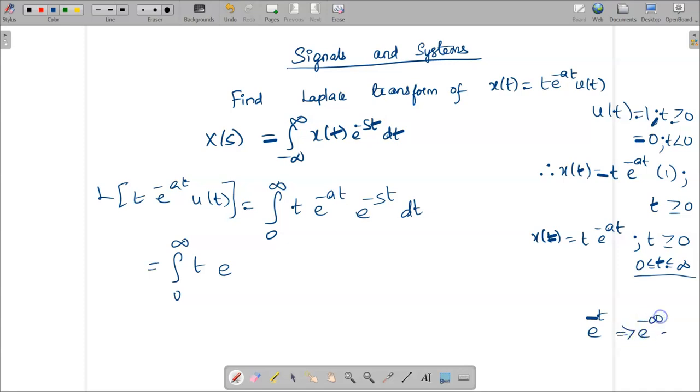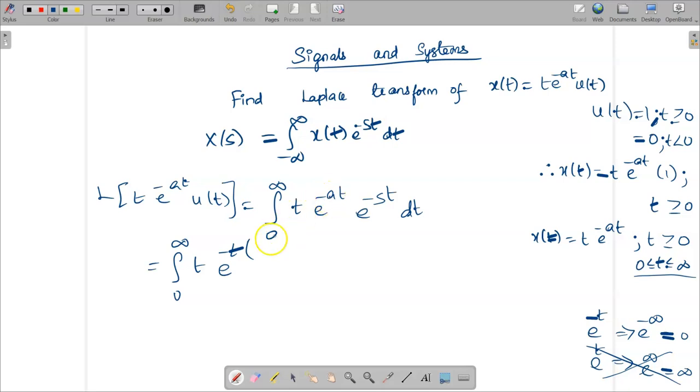E power minus infinity becomes 0. Suppose you take t outside, then if you substitute your limit as infinity, e power infinity becomes infinity. So you should not take t outside; you should take minus t outside. In simplification always take e power minus t outside.